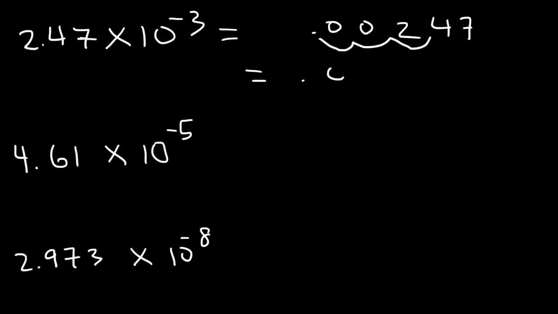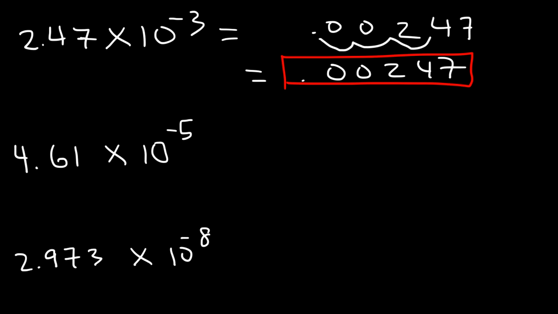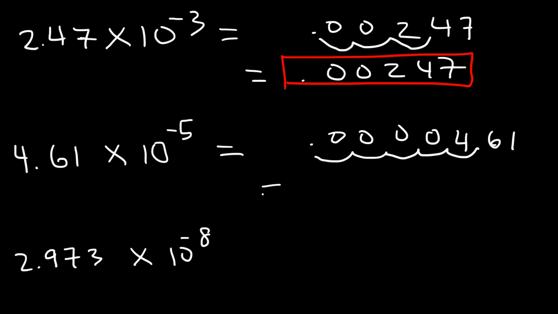So this is 0.00247. Now what about the next one? So we got to move 5 spaces to the left. 1, 2, 3, 4, 5. So this is 0.0000461.